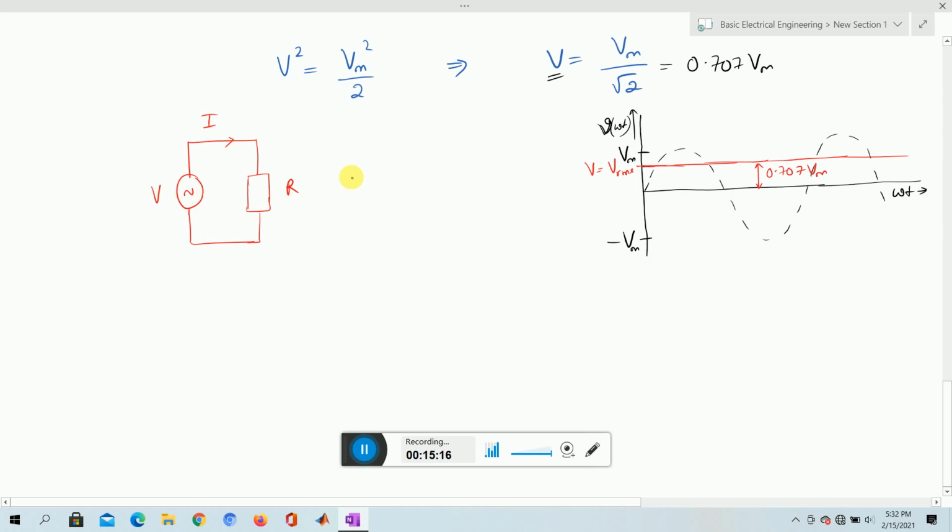So you can have a circuit in this form, or you can have the circuit with small v of omega t. Then you can get a current I, or most of the time people write v of t here, so you will get a current I of t with the load.